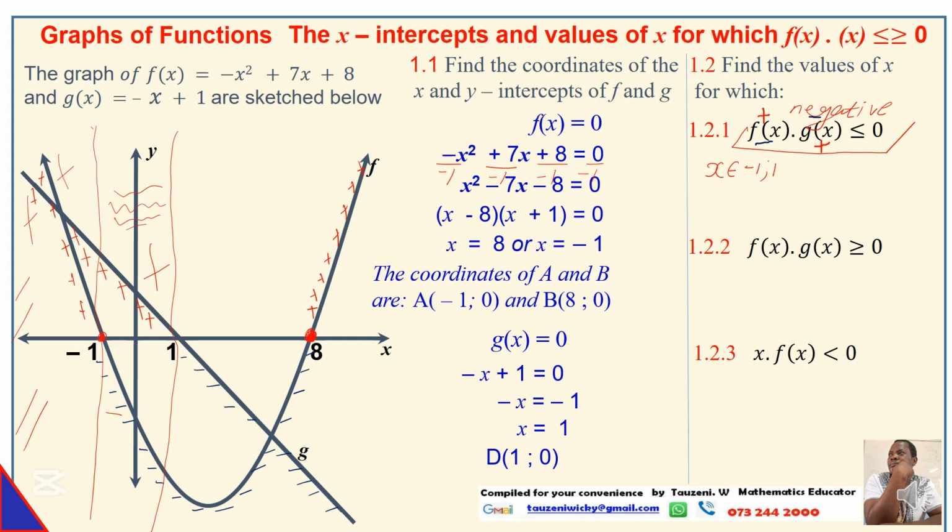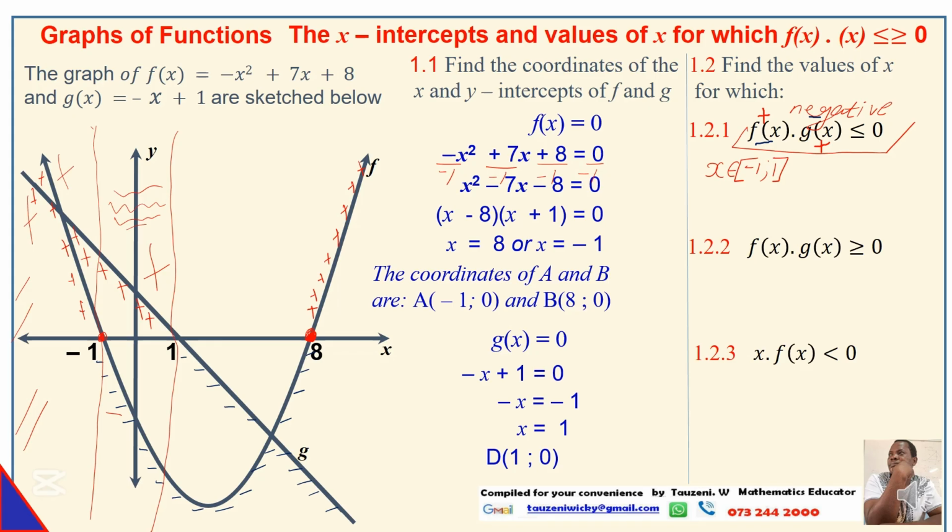From -1 up to +1, the graphs have different signs. When one is positive, the other one is negative, such that if you multiply f times g, you will be multiplying a negative and a positive, and that will give you a negative answer.